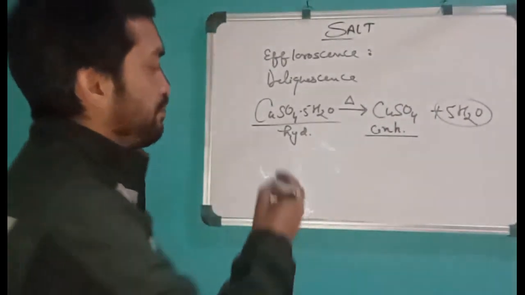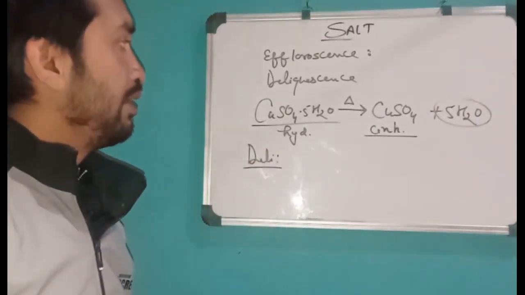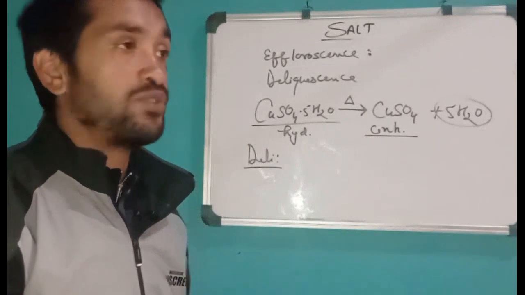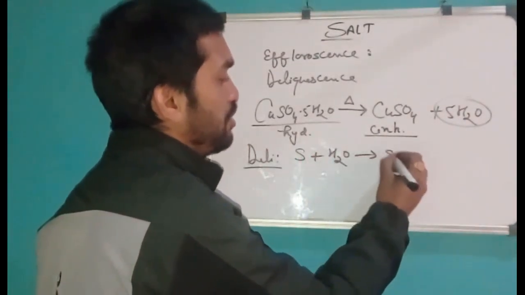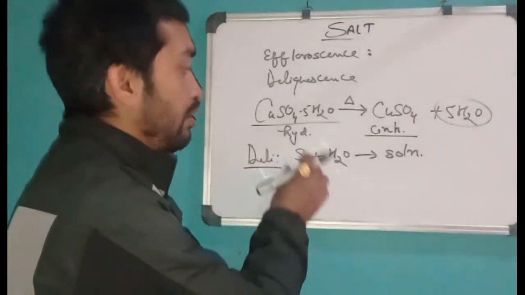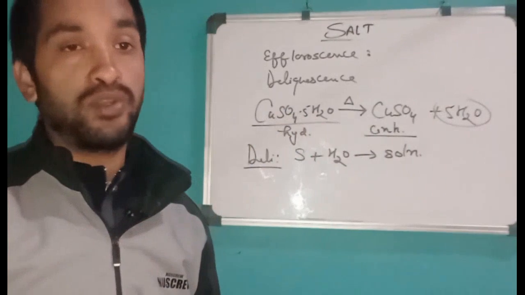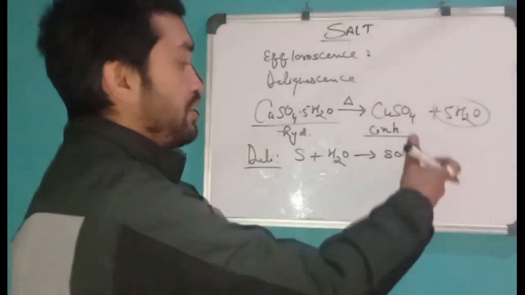Now deliquescence. Deliquescence is very simple. Here the salt is going to absorb moisture and change into solution form. Salt, when exposed to moisture, will add that moisture to itself and change into solution form.